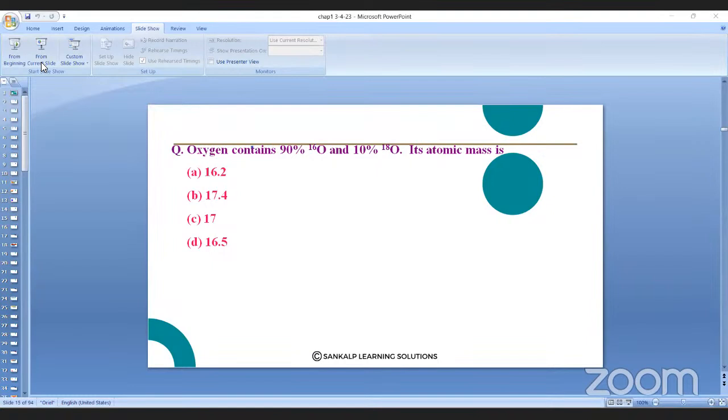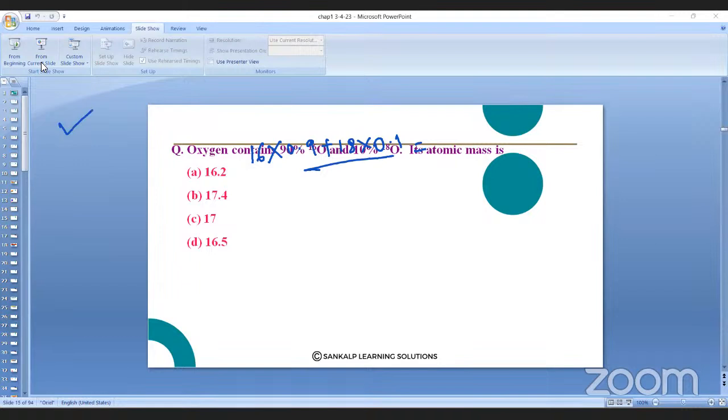So 16 into 0.9 plus 18 into 0.1, so 10%. Okay, so its answer comes to 16.2.